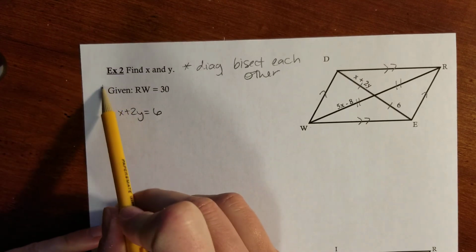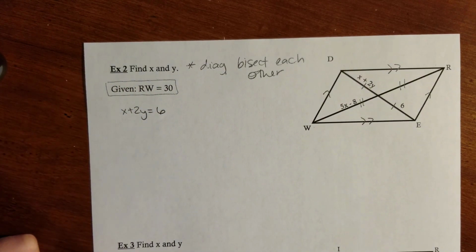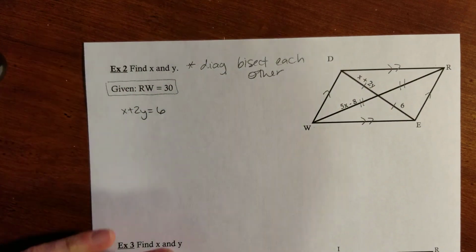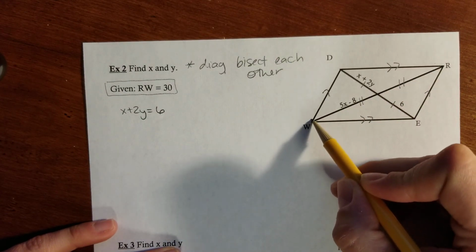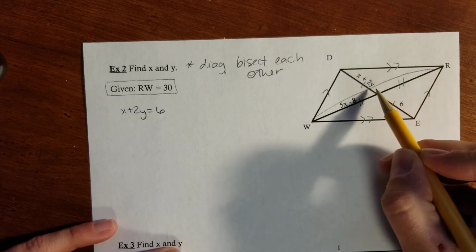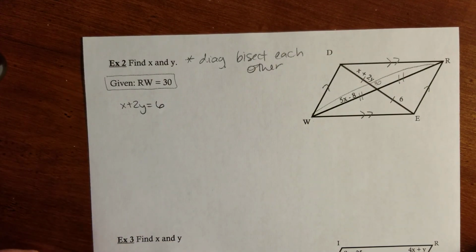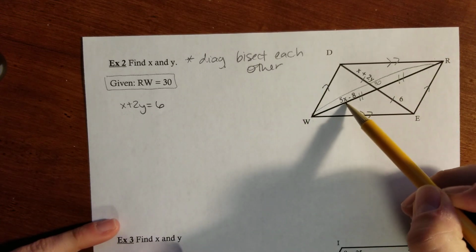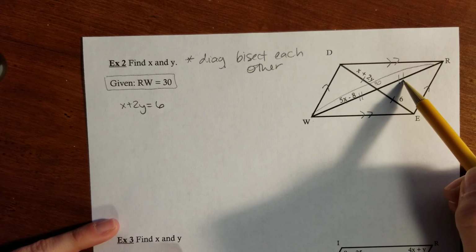Now, here's one piece of information that I haven't used yet, though. We know that RW is equal to 30. So RW is this entire length here. So this whole thing is equal to 30. How does that help us? Well, if this guy is 5x minus 8 and this guy is 5x minus 8, right?